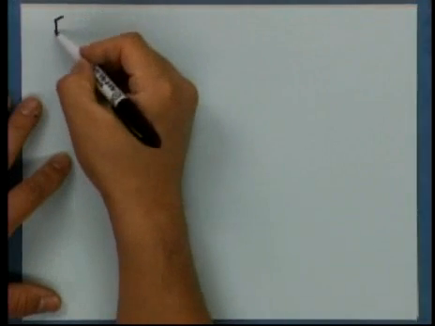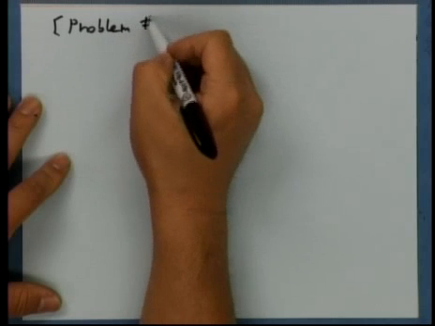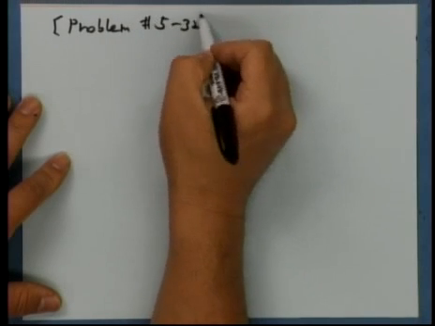Each period has declined by $100, right? So, okay. This is problem number 5-32.